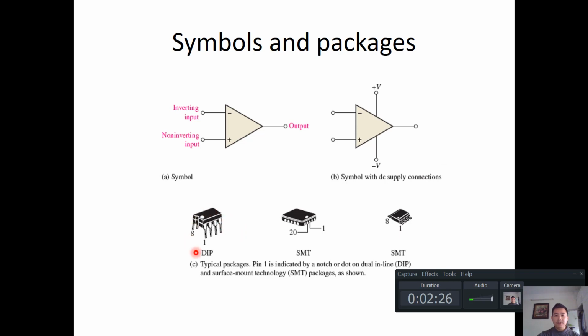In figure C, we can see some models of the OA, which are ICs. For example, the first IC we name the 741. We have 8 legs or 8 terminals on this IC.